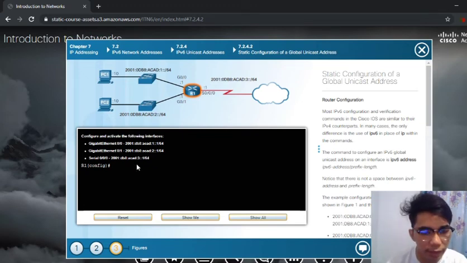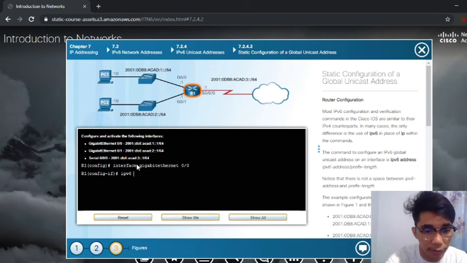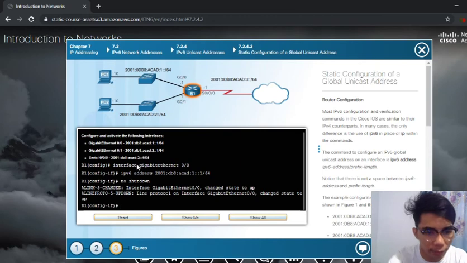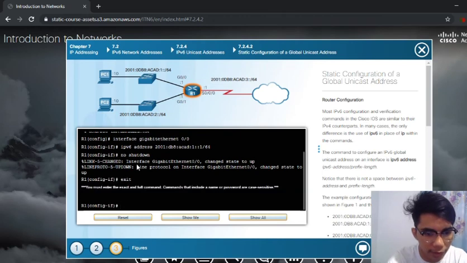Then it would be interface gigabit ethernet 0/0, then IPv6 address 2001 db8 acad 1 and 64. Then the no shutdown command. Then another one would be exit.